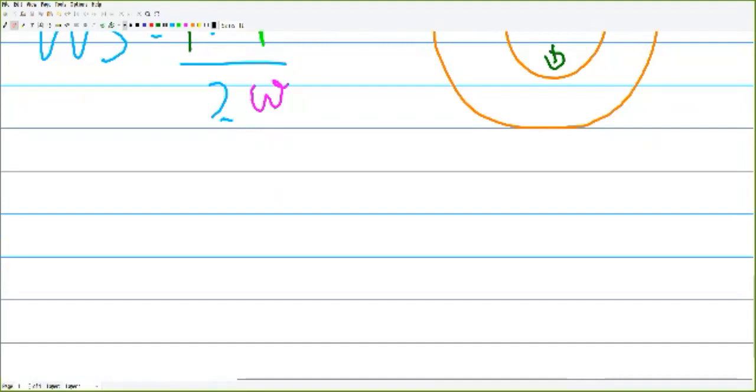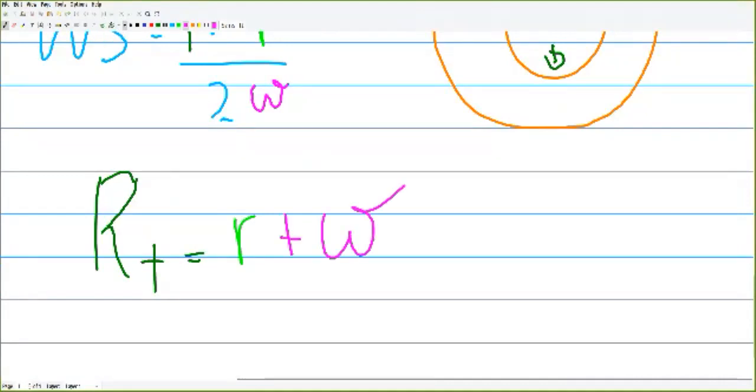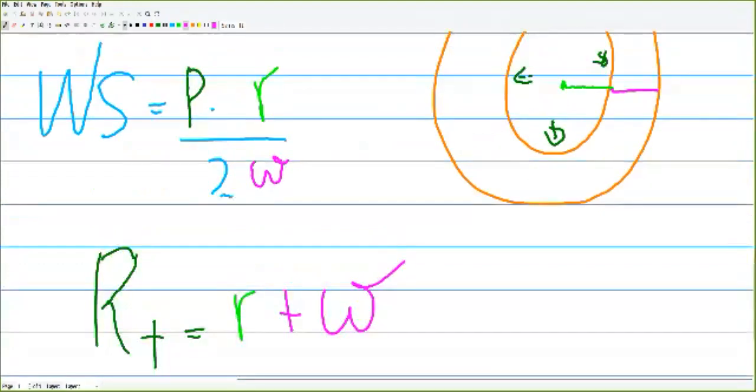And we have that our R total is going to be our radius plus our W, which is the wall thickness. And we know the volume, right?